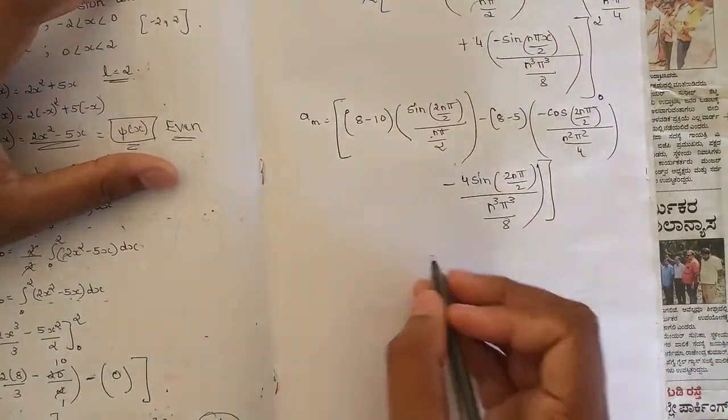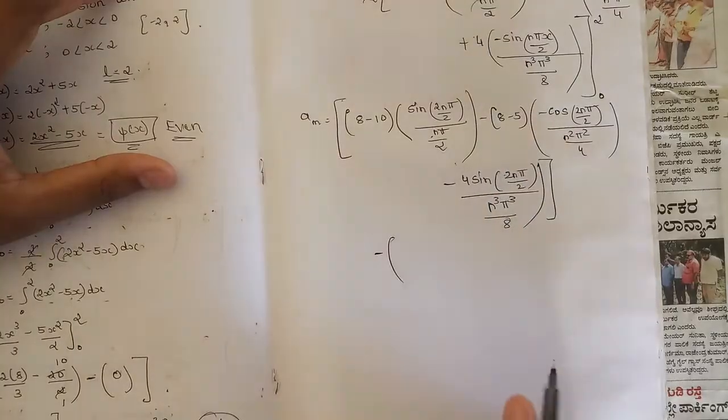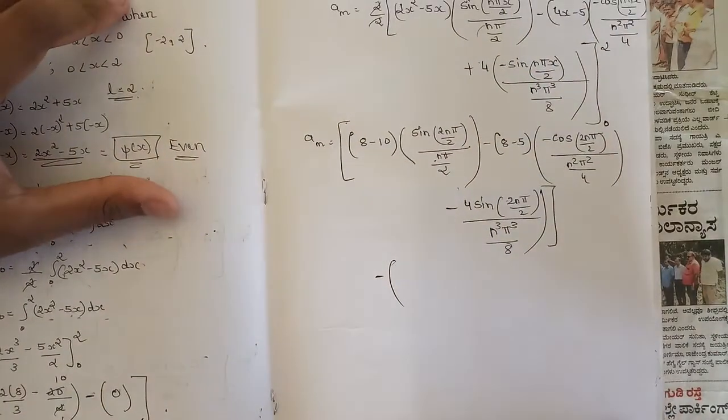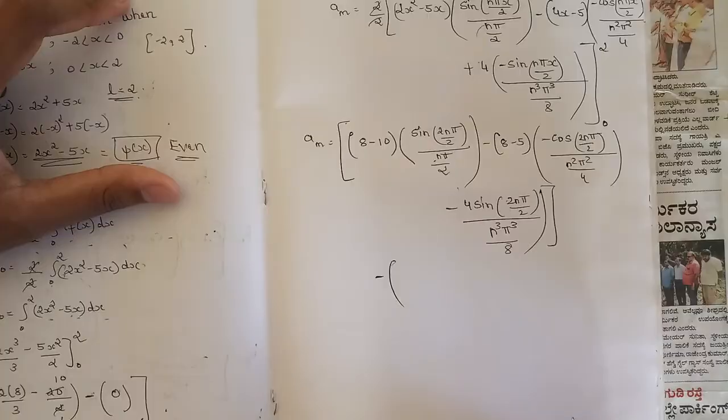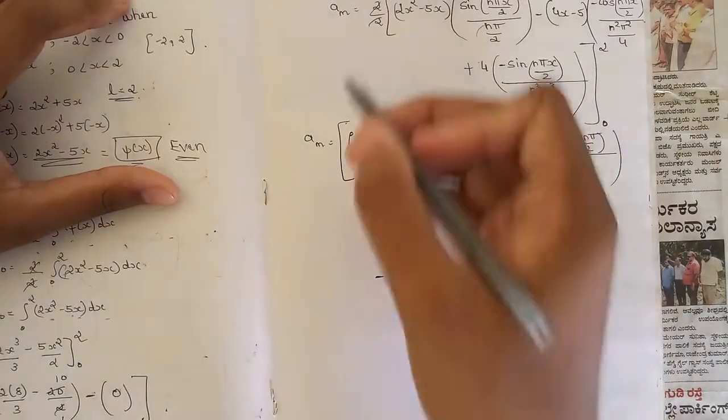So now we'll substitute the lower limit. 2 into 0 square minus 5 into 0, that is 0. So the whole sine term becomes 0.